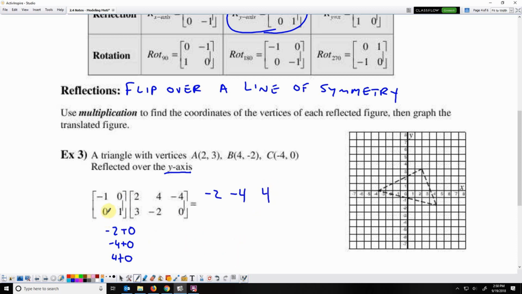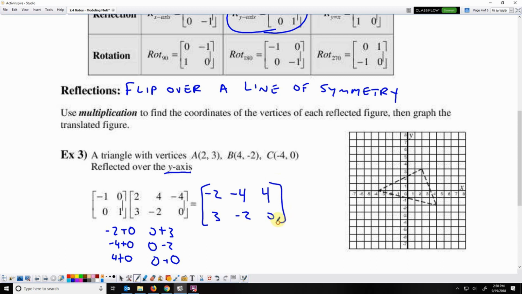And then we go on to the second row by the first column, 0 times 2, 1 times 3. 0 times 4 plus 1 times negative 2. And 0 times negative 4 and 1 times 0.